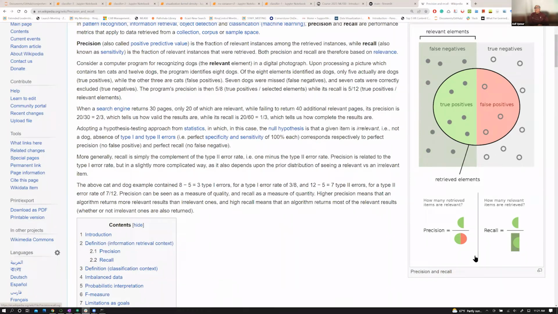Precision. Precision, because the ones that you mark as having cancer should have cancer. But precision doesn't account for the fact that you missed a lot of people who had cancer, but you missed them.